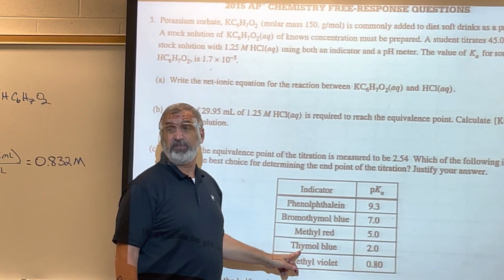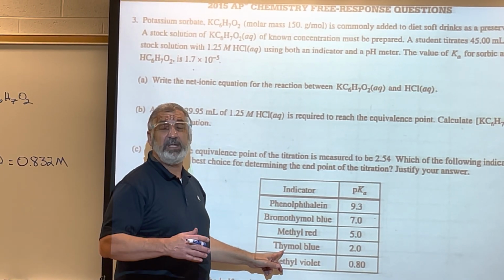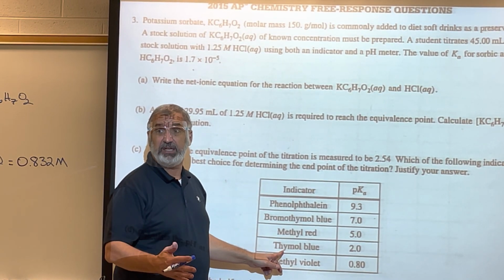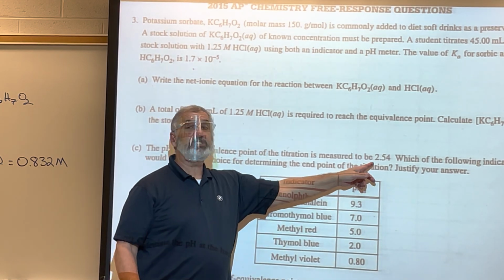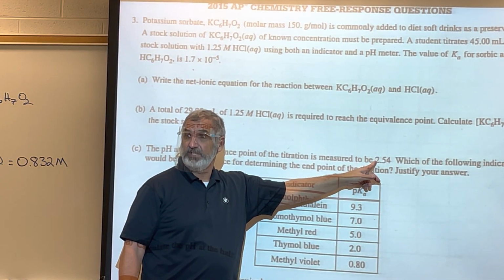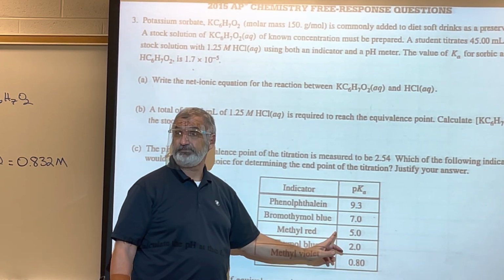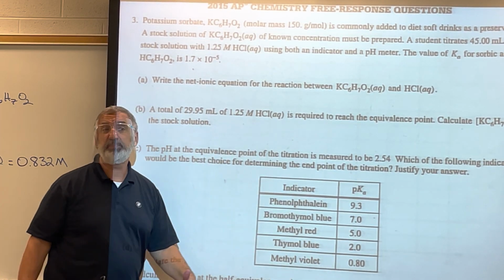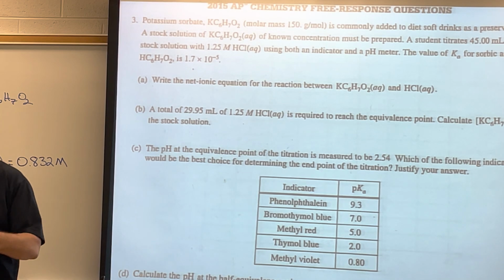So, I mean, that's how you do that. You want to find, for the indicator, you want the pKa of the indicator to be as close to the pH at the equivalence point. That's how you pick. There's no math involved. You just have to know that concept. That's how you can pick, because we're going to find that the pH at the equivalence point is going to vary.